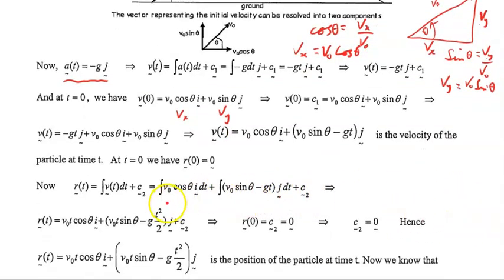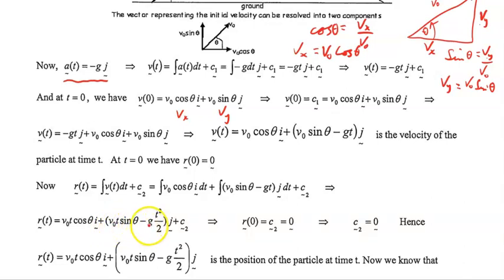Well, anti-differentiate this. There are no explicit functions of t there, so that simply becomes v0, the initial speed, times time, times cos theta in the i direction. For this term, same thing, v0 times t times sine theta. Notice there's no explicit dependence in the cos or sine terms on t, and v0 is just a constant, a scalar.